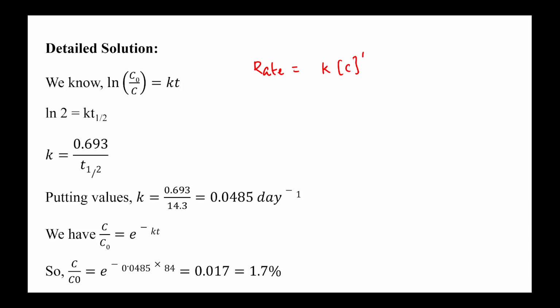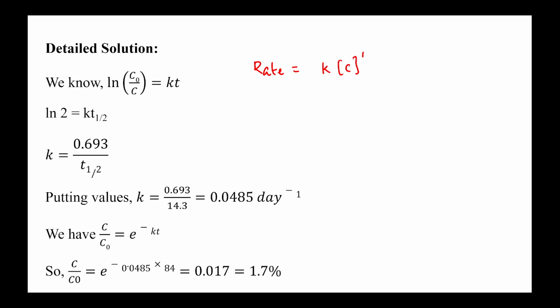If the initial concentration was 100, this time will be required to reduce that to 50. So whatever the initial and final concentration, the ratio will be 2, because 100 by 50 is 2, or 50 by 25 is also 2. So half life means C0 by C will be 2.